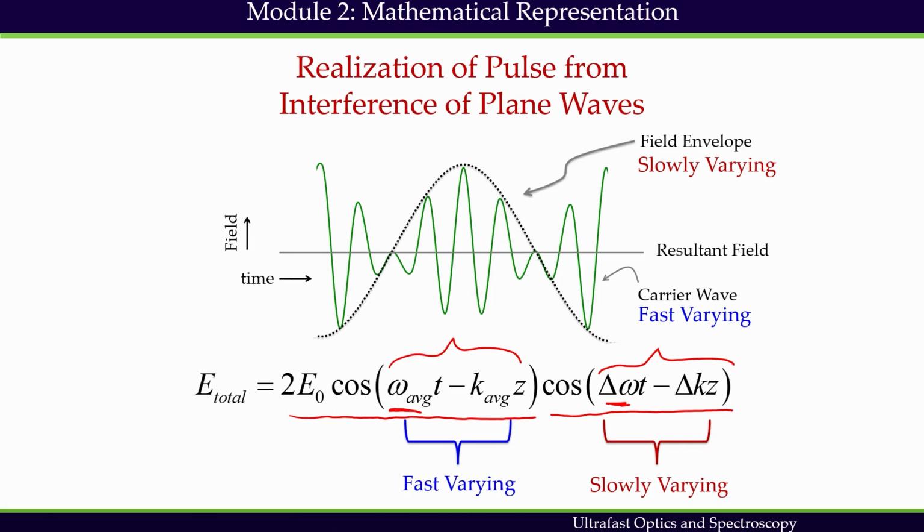These two components are shown in this figure. The fast varying component is represented by this oscillation, and the slowly varying component is represented by this oscillation.